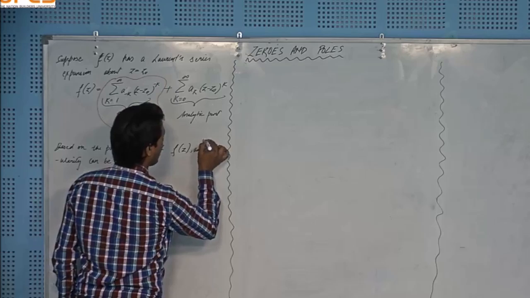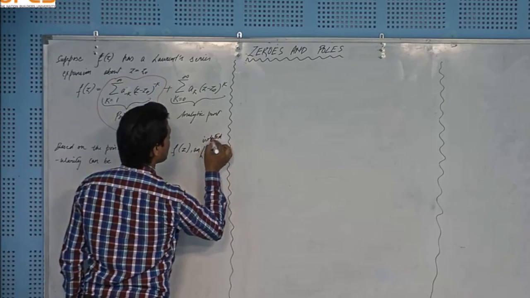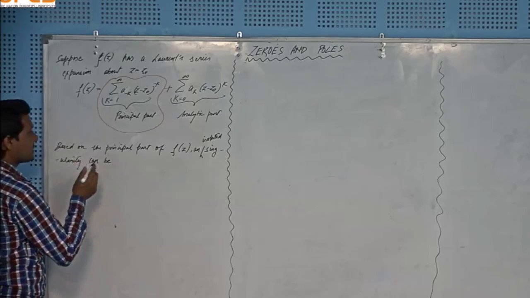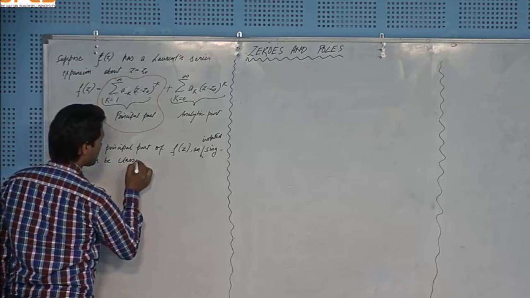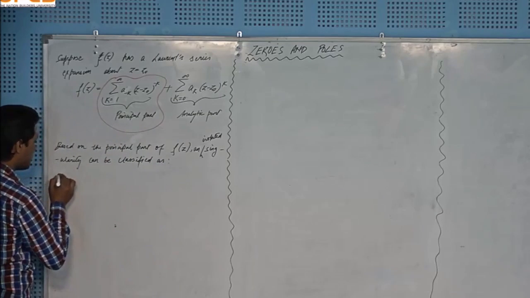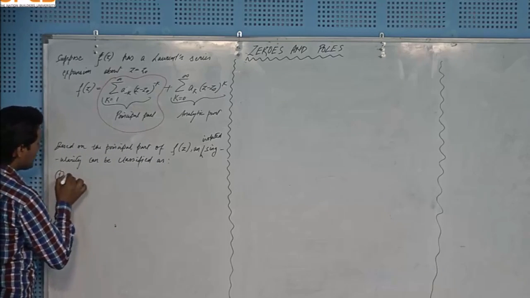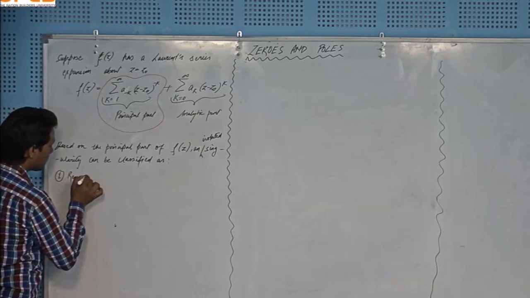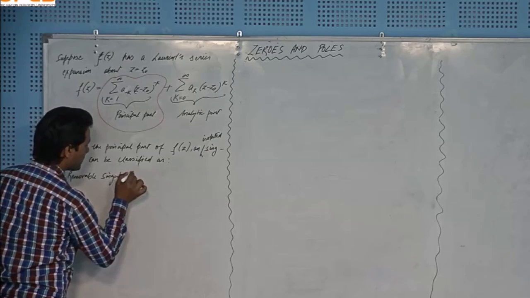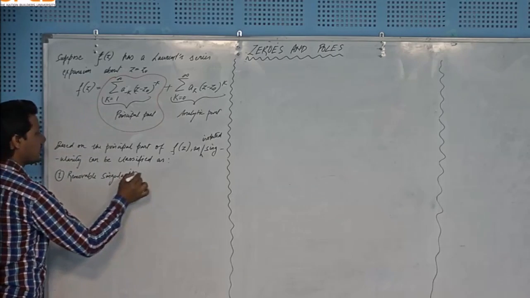Isolated means that there is no other singularity in its neighborhood. An isolated singularity can be classified as, the first, a removable singularity.